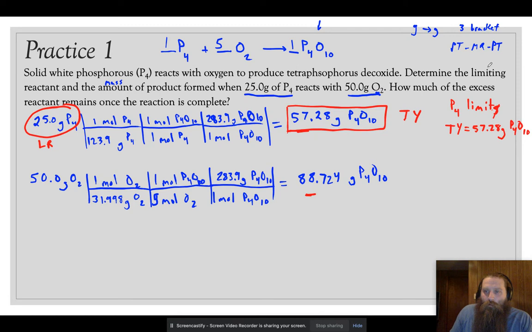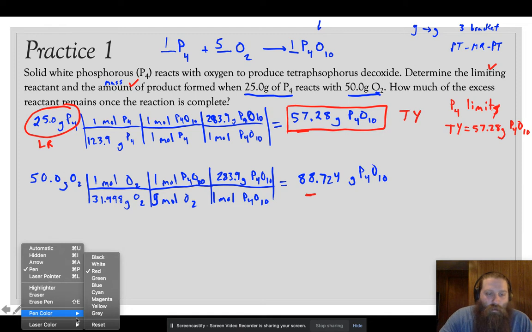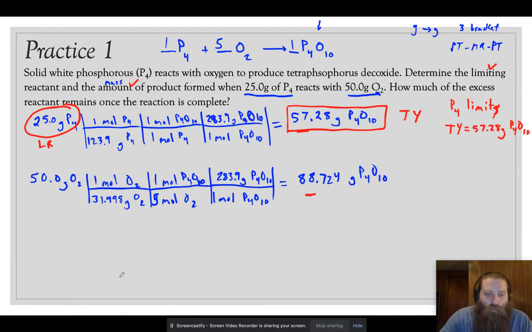All right. So we have determined the limiting reactant, P4. We've determined the amount of product formed. Good, we got the theoretical yield. So we've done two things. Now we need to do the last part, the one that says how much excess reagent is remaining. So this is actually a pretty easy conversion.